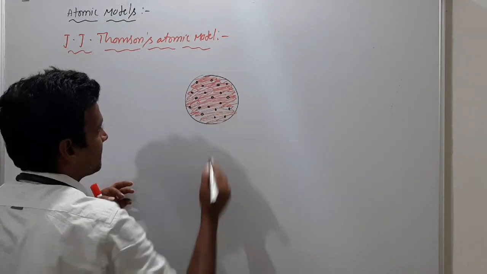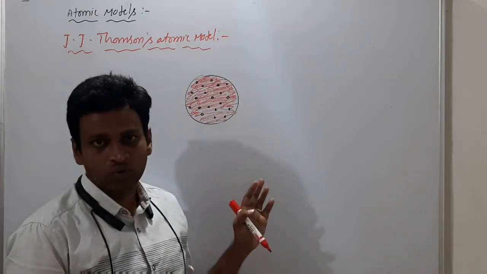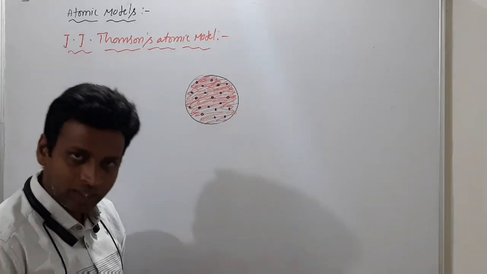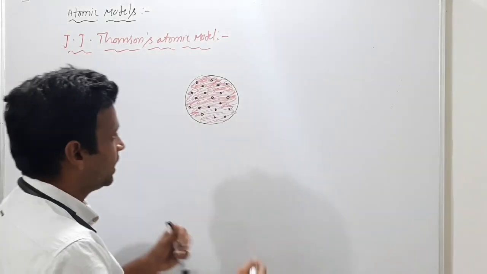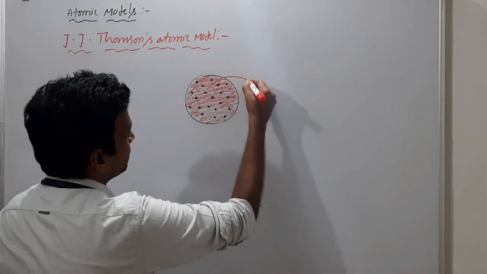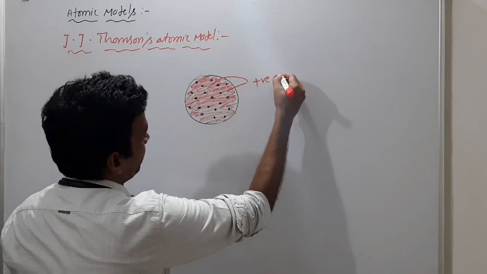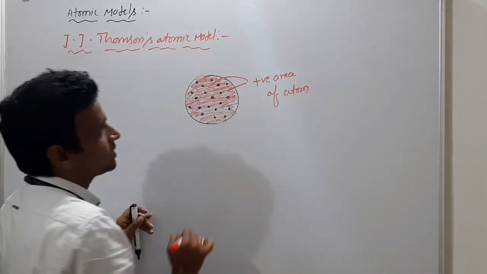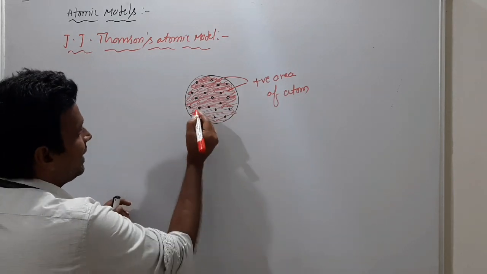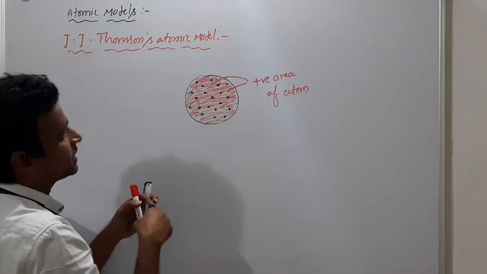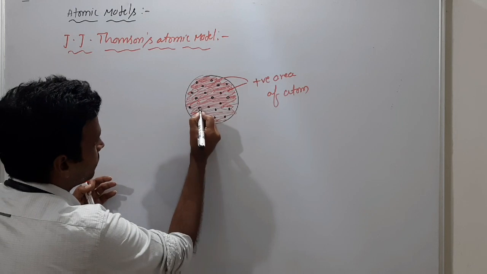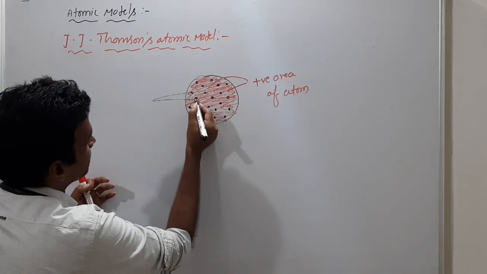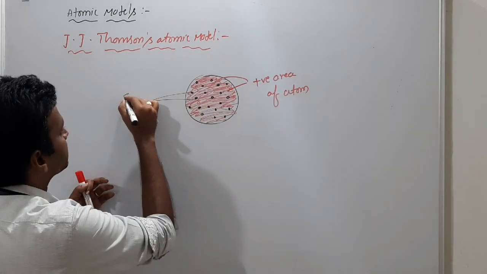In the watermelon fruit, inside you have a red color space and there you have seeds. Here also he compared in the same manner: this red color area is the positive area of the atom. In the positive area of the atom, electrons were randomly present, he said. These black color seeds are called electrons, he said.